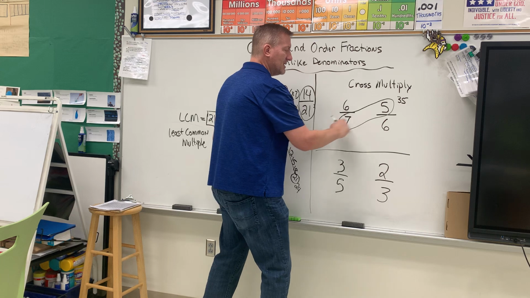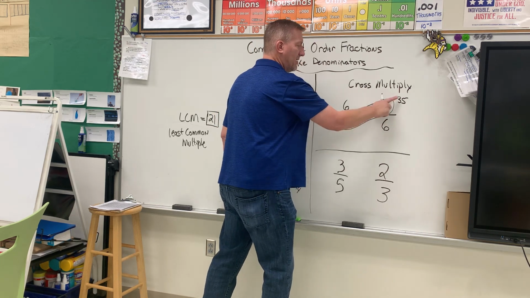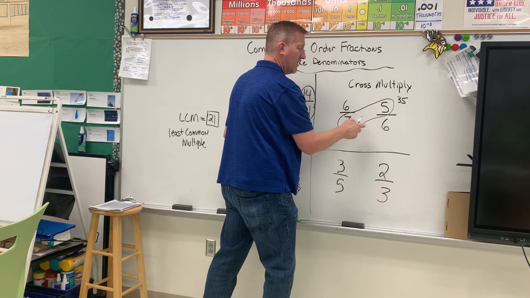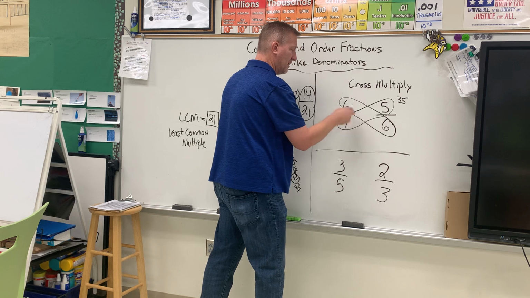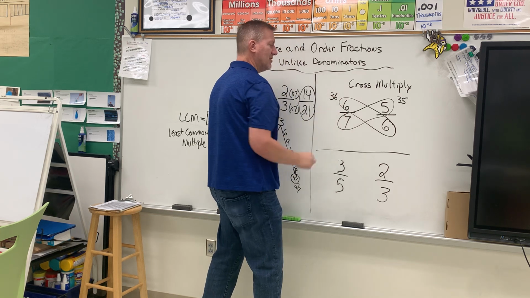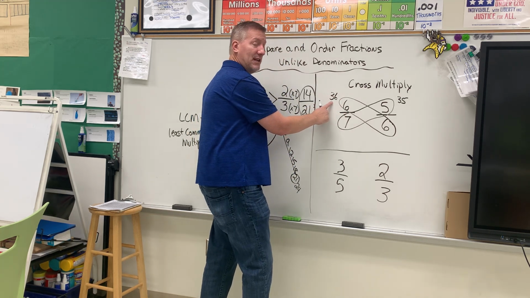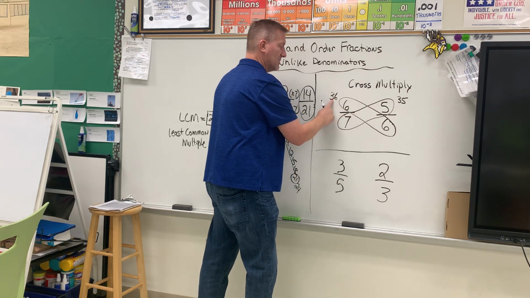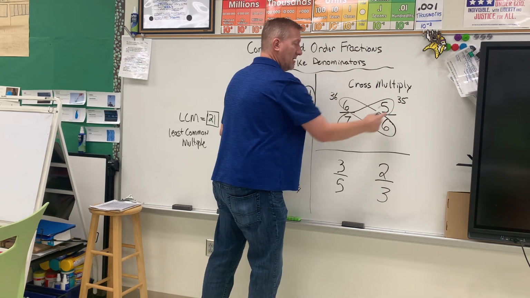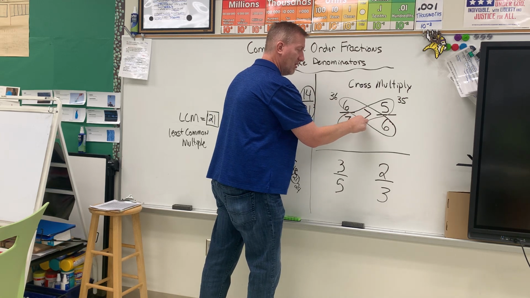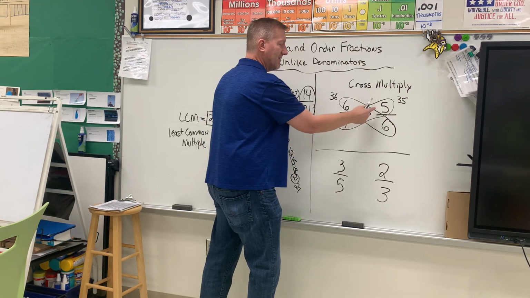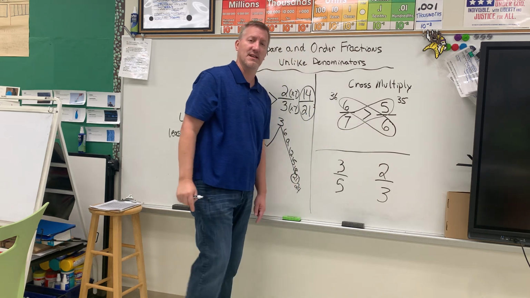The key is you always have to put it in the upper corner. And then you multiply these two together, you cross multiply, and you get 36. And then you just compare these two whole numbers. 36 to 35, well, 36 is greater. So you would say 6/7 is greater than 5/6.